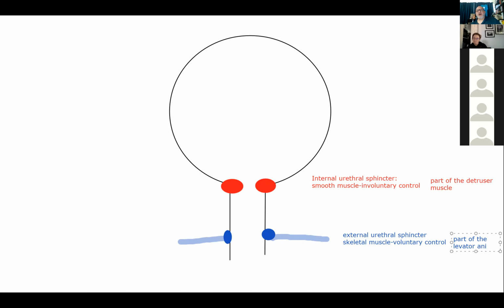Much like we saw in the rectum, we are going to have stretch receptors in the walls of the bladder.